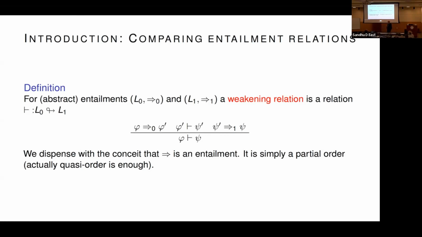So phi prime entails psi prime, meaning that psi prime is some kind of reasonable approximation of phi prime. And then if I weaken phi prime to phi, and if I strengthen the conclusion, then I still have another intended entailment.